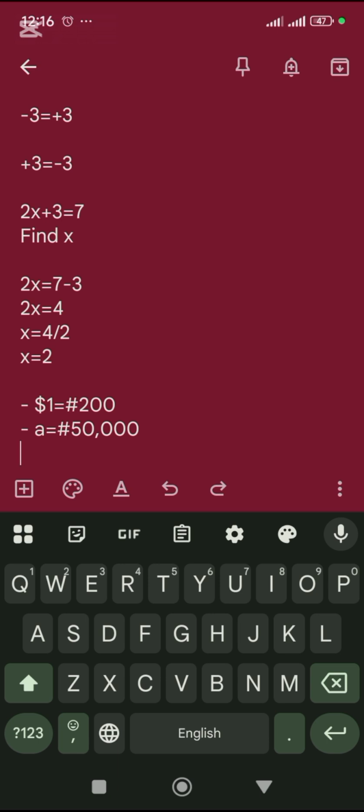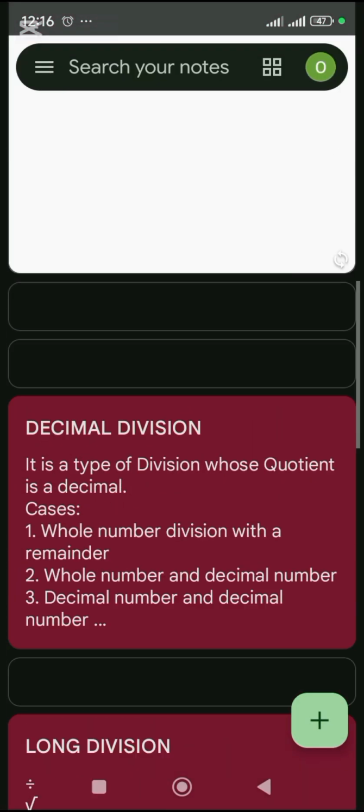We can cross multiply this so that we can have, let me just go over to this so you can see what I mean. So we have $1, okay, equals 200 naira, and we are asked what is the dollar equivalent of 50,000 naira.